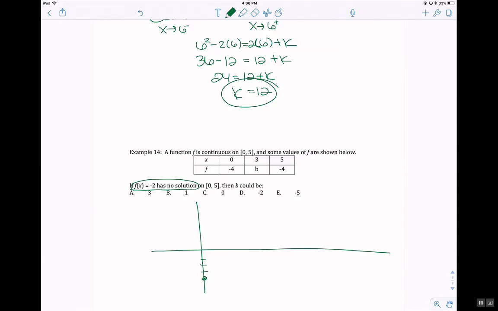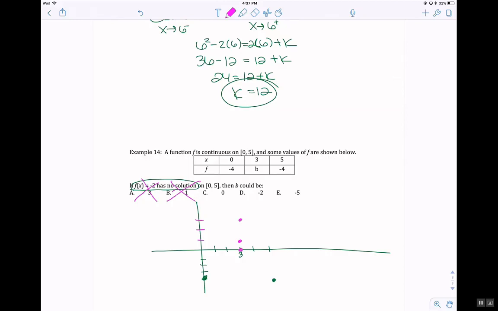So 0, negative 4 is here. Here's 5 and negative 4. So if here's x equals 3, if I was at 3, 3, I would have 2 solutions. So that one is out. If I was at 3, 1, I would also have 2 solutions, because it crosses the x-axis twice. So that would be out.